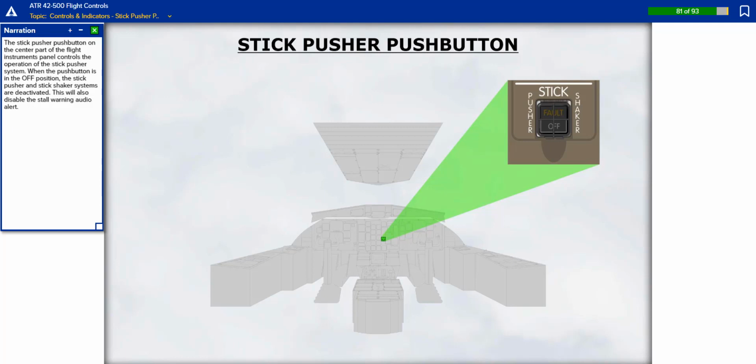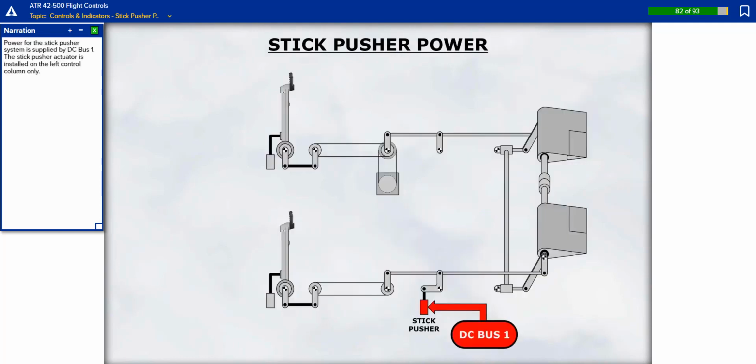The stick pusher push button on the center part of the flight instruments panel controls the operation of the stick pusher system. When the push button is in the off position, the stick pusher and stick shaker systems are deactivated. This will also disable the stall warning audio alert. Power for the stick pusher system is supplied by DC bus 1.